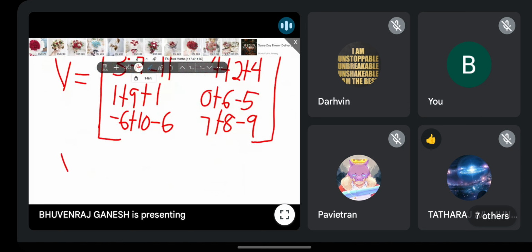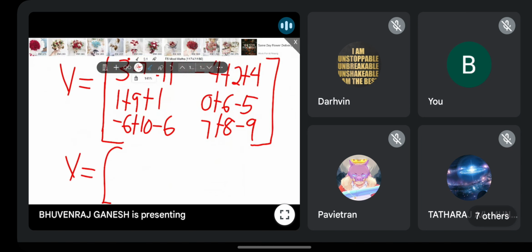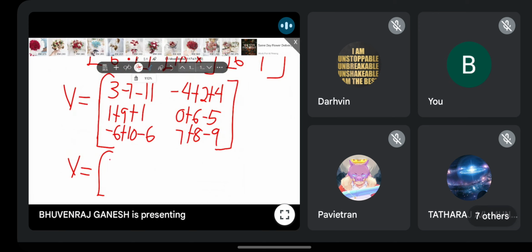Now let us see the answer. You just press the calculator, you will get negative 15, 11, and then negative 2, and then 2, and then 1, and the last one is 6. Yes, correct. Misha, correct.